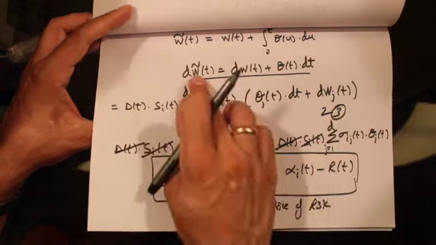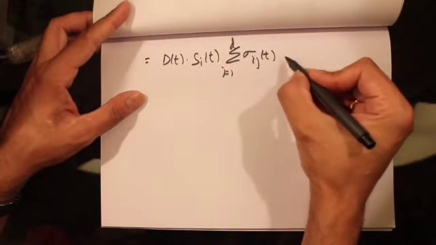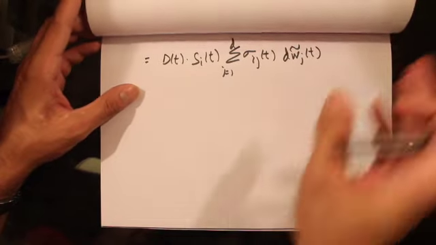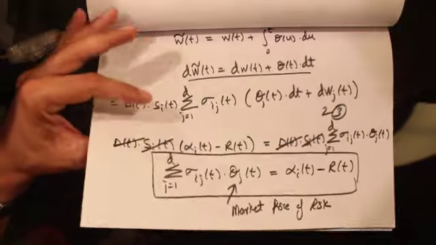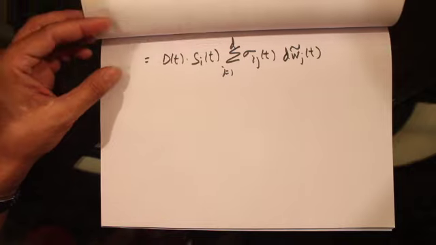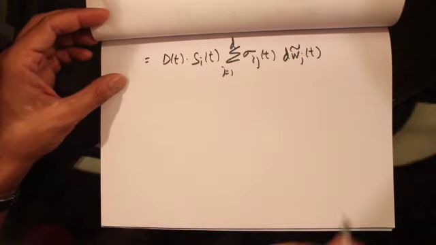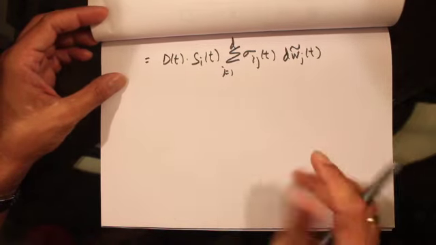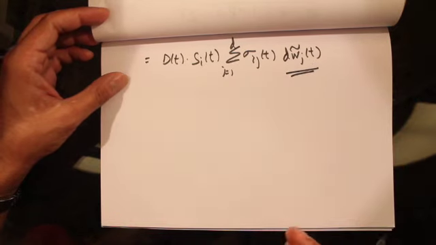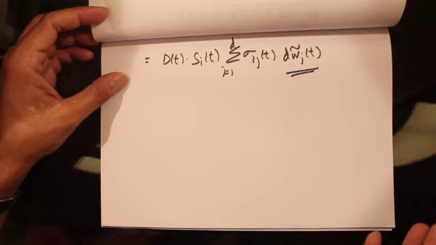Now instead of writing this, I'm going to write dW tilde_j(t). Now, as I said, using the multi-dimensional Girsanov's theorem, which we just talked about in the previous lecture, we're going to change the measure. And under that change of measure, this becomes a d-dimensional Brownian motion.